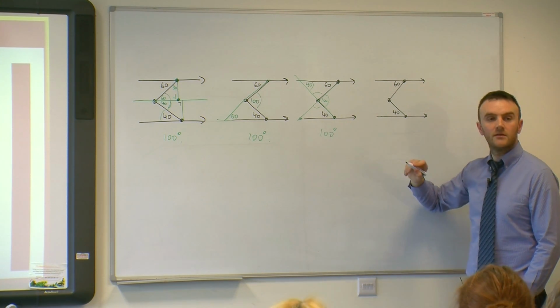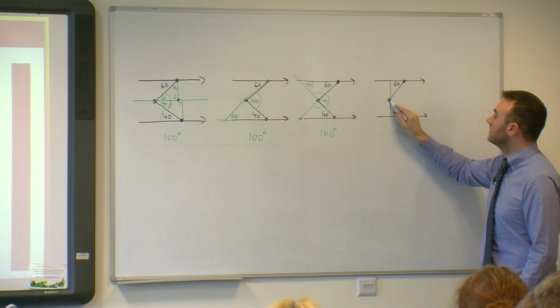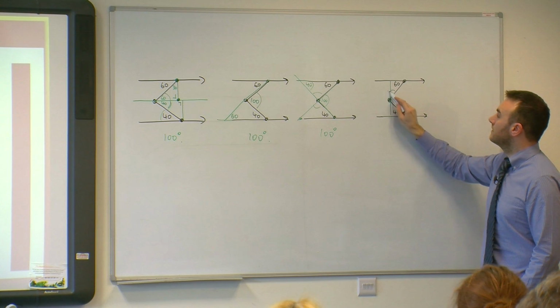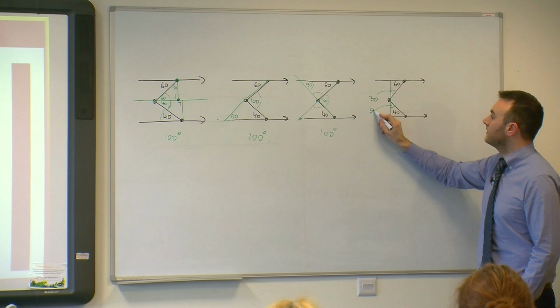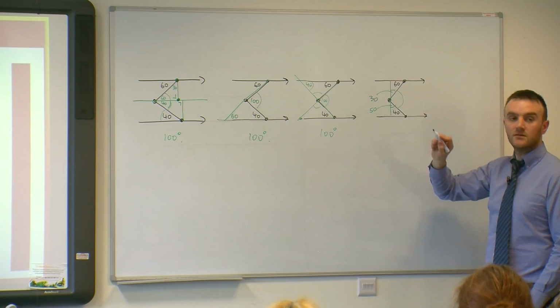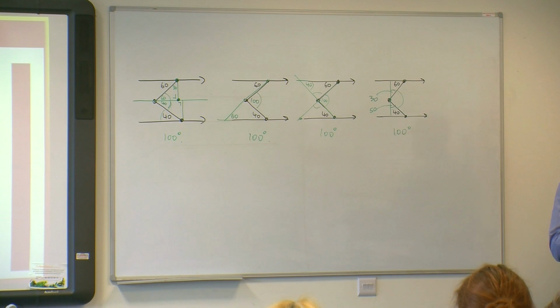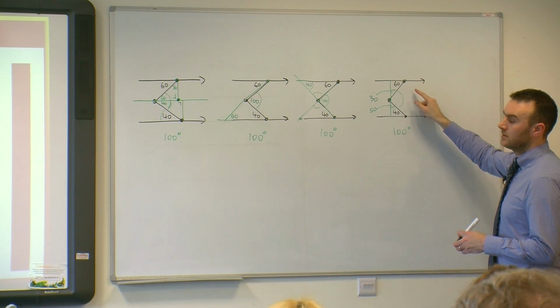And the other way? Connect a point here, right through here. What's that? It's 90. That's 30. This is 50. But this is straight, is it? So we get 100 degrees. Did anyone see a fifth way? No, they're not directly below each other.